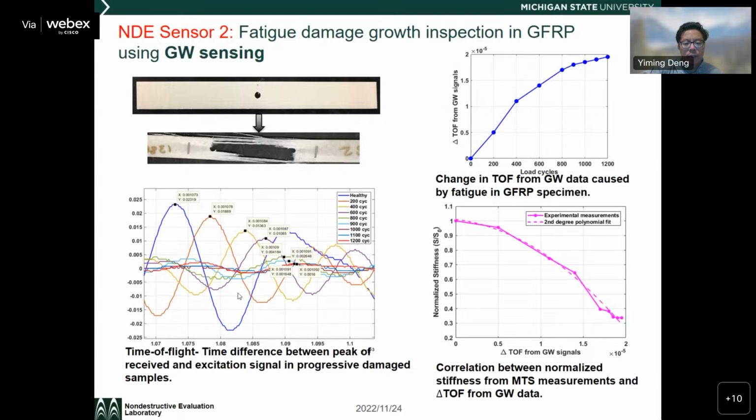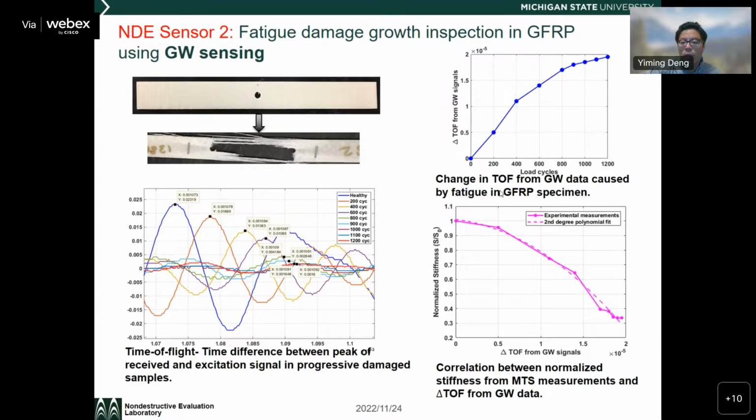This clearly shows the TOF difference between the peaks of received excited signals when you have the damage progressing in the sample at different cycles. With that, you can calculate the TOF changes, delta TOF, versus load cycles.